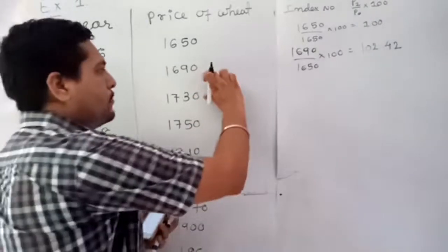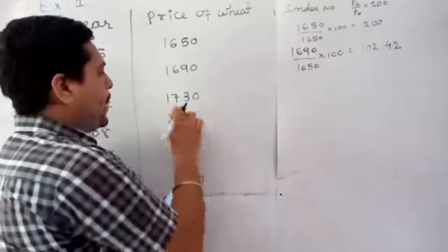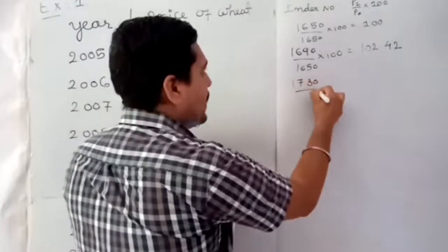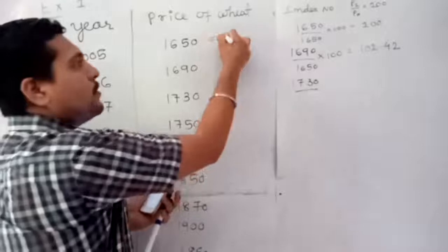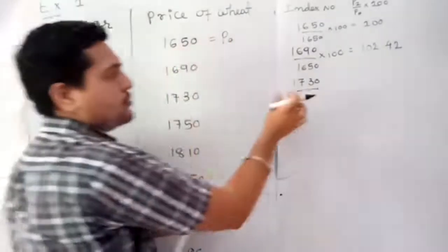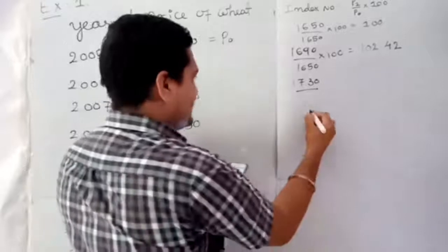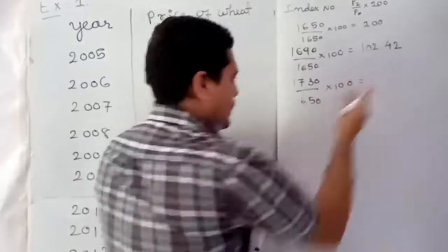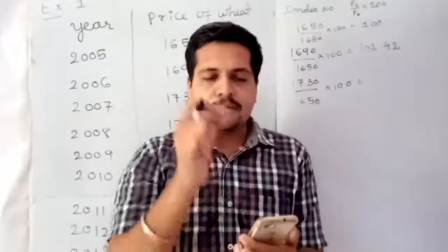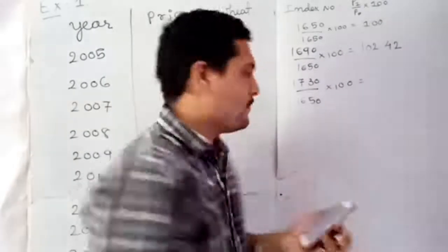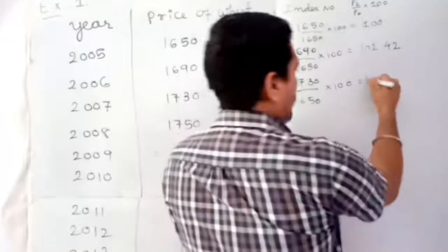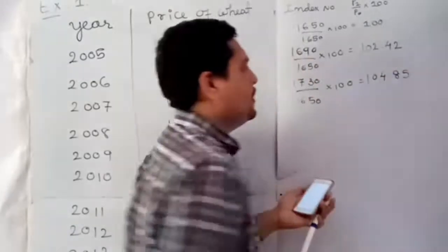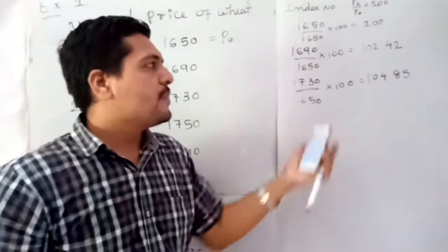After that we have to find the price index number for year 2007. So we have to take the ratio of these quantities: 1730 divided by P0. P0 is the same for all years, 1650. So 1730 divided by 1650 and into 100, and in the calculator the answer is 104.85.